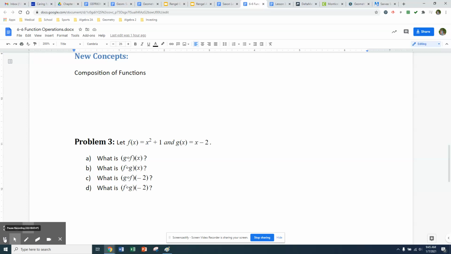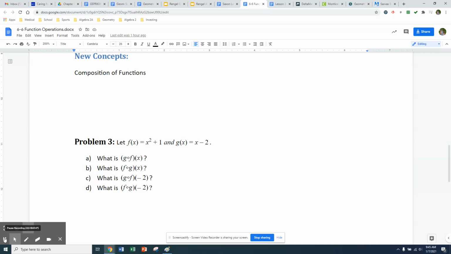I'm going to rewrite that as g of f of x. So it is written two different ways, g composed f of x, that little symbol, or you can write that as g of f of x.